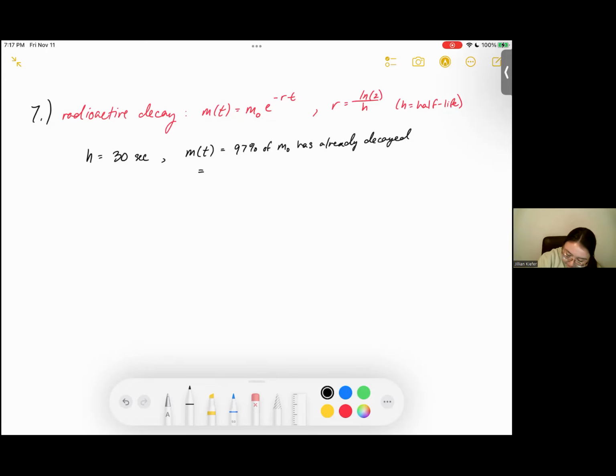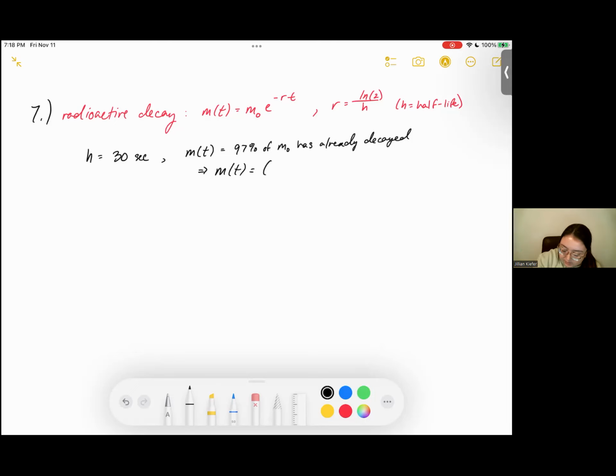So with M of t, we said if we had 60% left of the original, we could use 0.6 times the original to replace M of t. But in this case, we're saying 97% has already decayed, meaning that we have 1 minus 0.97 times M naught.